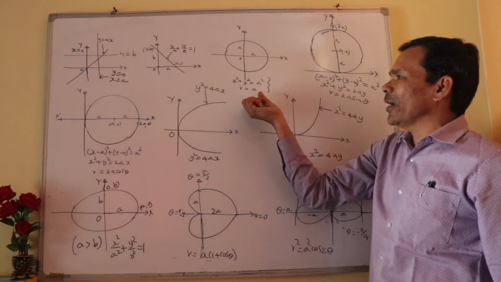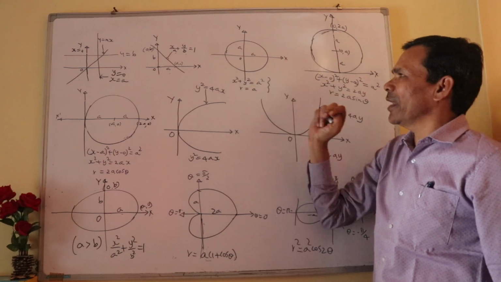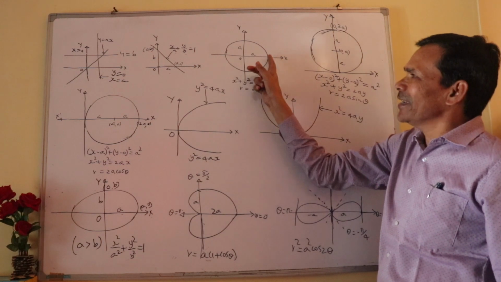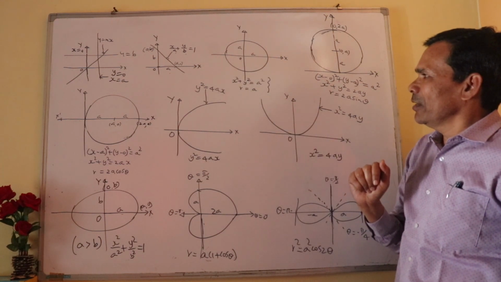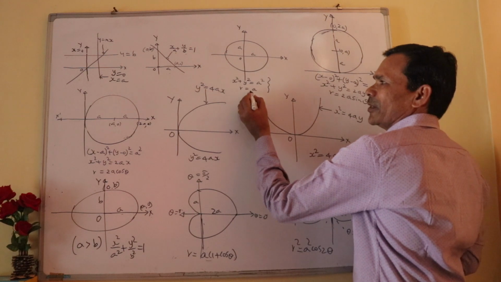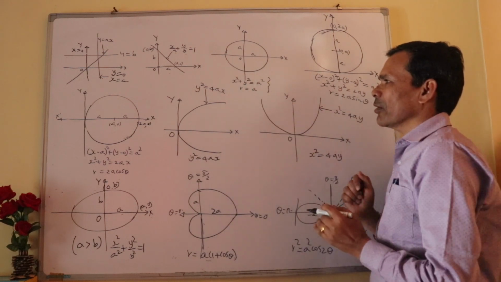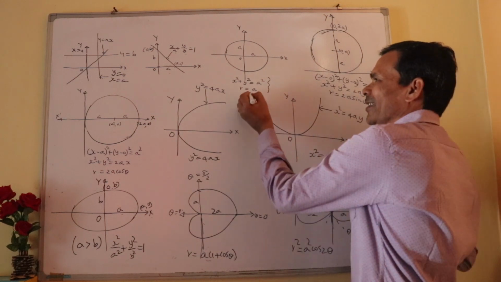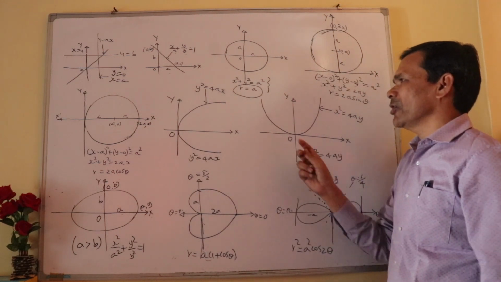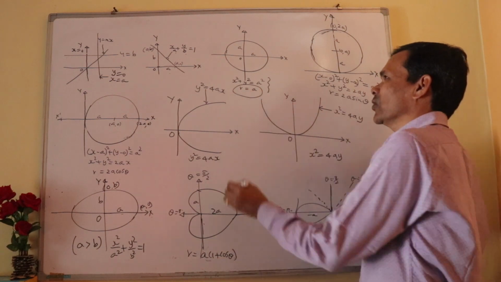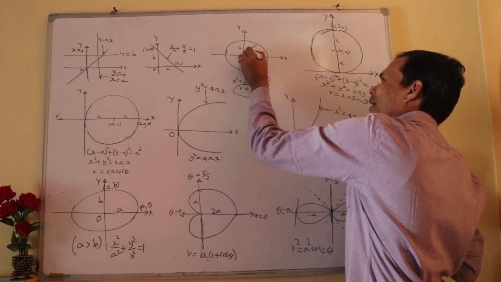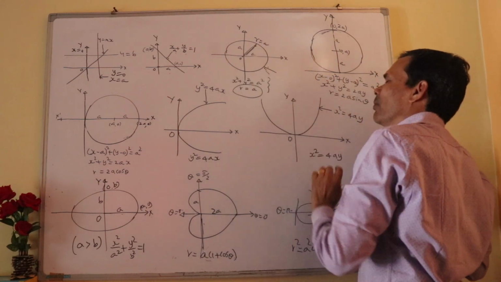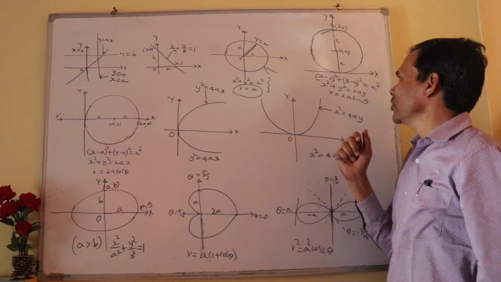Now x square plus y square equal to a square is a circle having center at origin and radius a. The polar equation of this circle is obtained by putting x equal to r cos theta, y equal to r sin theta, and r equal to a is taken as the polar equation. r is the length of the radius vector, so r equal to a is the polar equation of this circle, and x square plus y square equal to a square is the Cartesian equation.